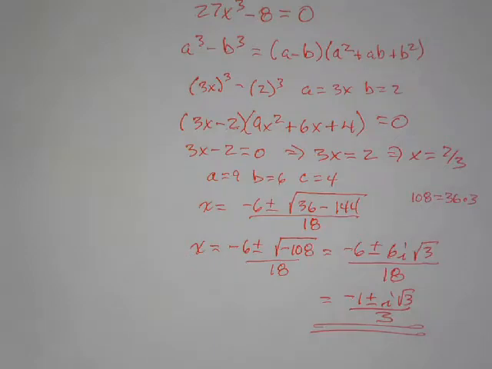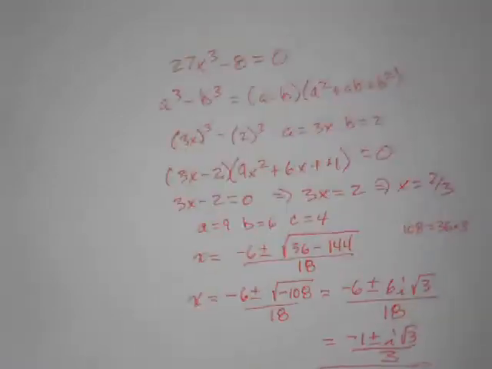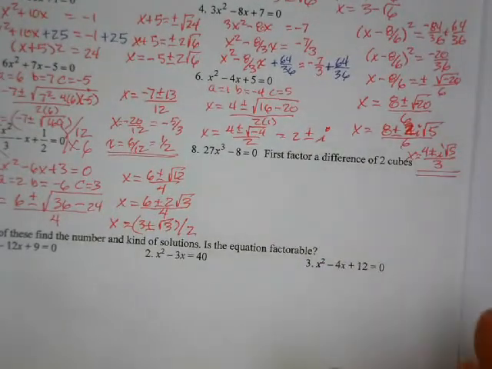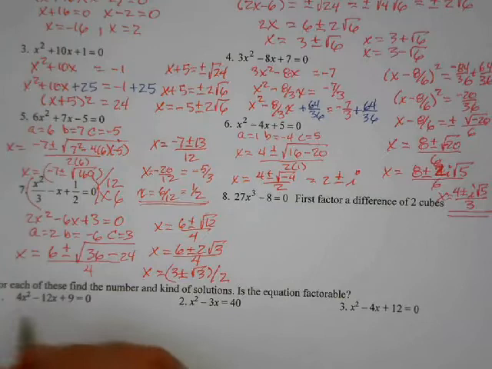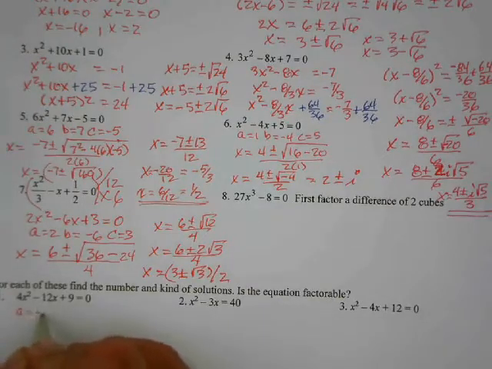All right, in the last part, we want to use the discriminant to find out what kind of solutions they would have. So, again, A is 4, B is -12, C is 9, D equals B squared minus 4AC.